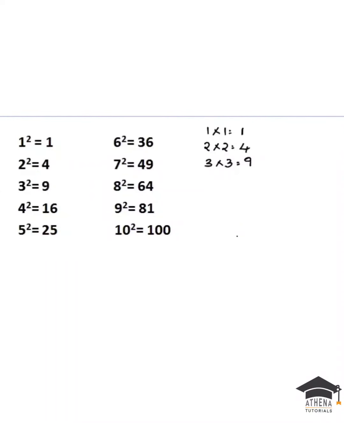What is unit digit? Any idea? You might have heard about units, tens, hundreds, thousands, ten thousands, etc. Let me take an example here: 327.